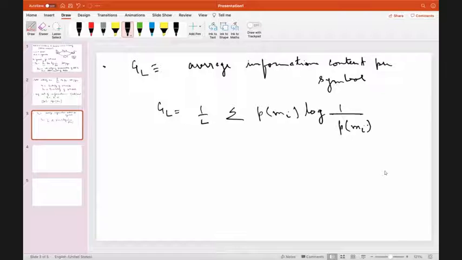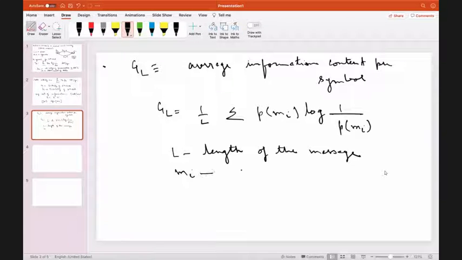I'm just writing down the definitions right now, and I'll explain everything in a while. L is, of course, the length of the message, and Mi is the ith message.